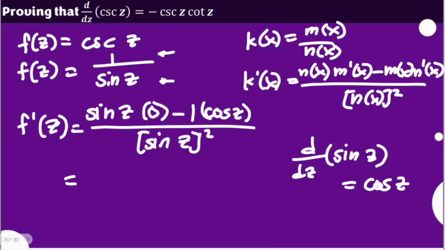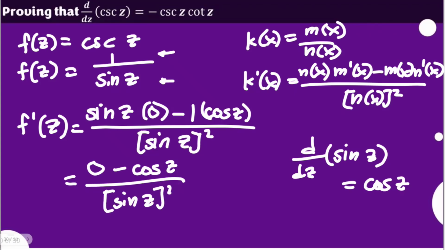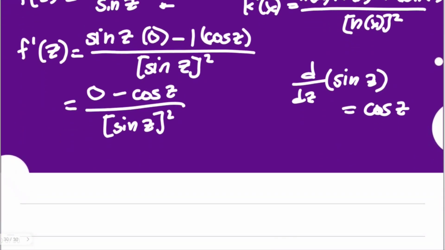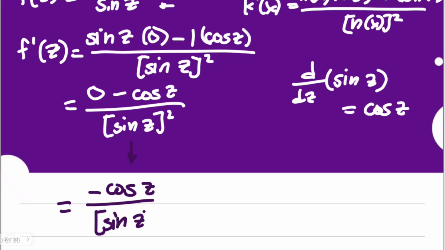This is actually 0 minus cosine of z over the square of sine z. Let me stick to that square first. As I move down, this would be equivalent to negative of cosine z over the square of sine z.